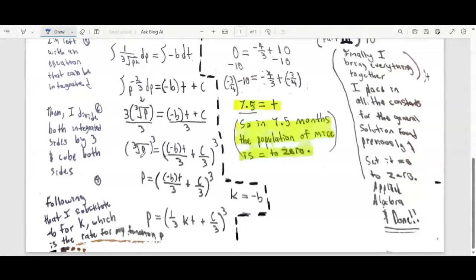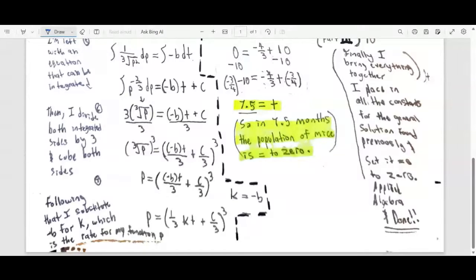Then I'm left with the cube root of P. And then I raise each side to the power of 3.